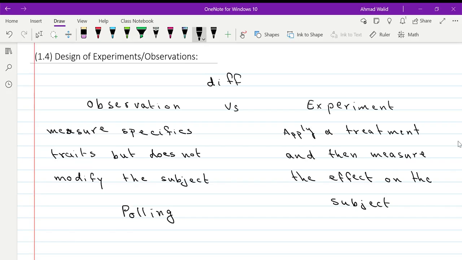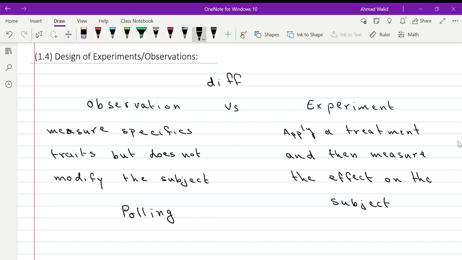That's the difference. In observation, you didn't apply any treatment. You just observe and collect information. In experiment, first you apply a type of treatment, then collect information. Or there will be another example, I think it's in your book, that a company once created a kind of medication that if a couple use that medication, they can choose to have a baby boy or a baby girl.